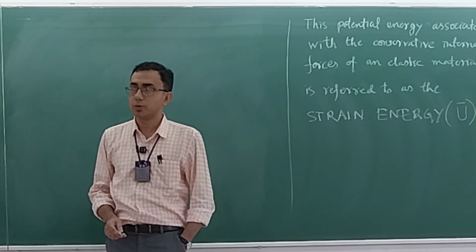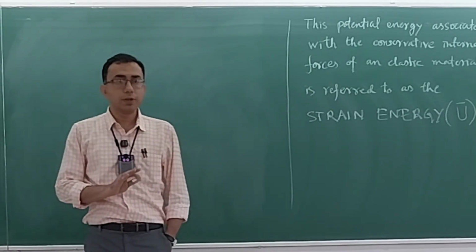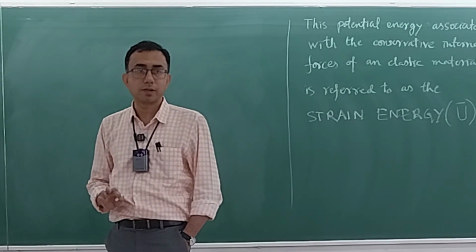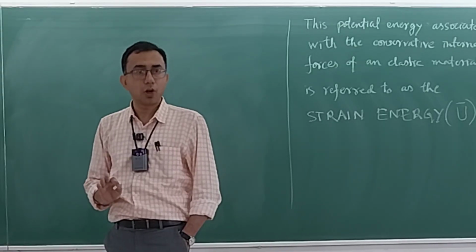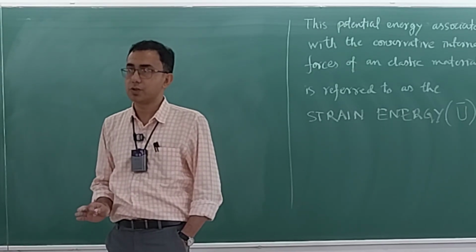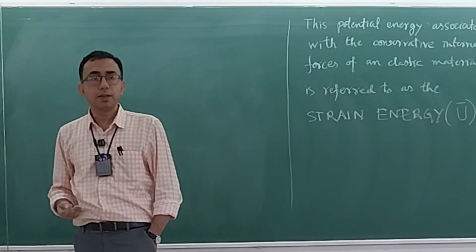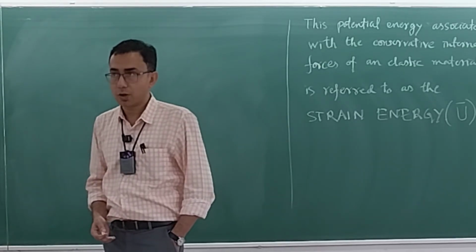That is what we are going to do. We know about two different kinds of stresses, very broadly speaking: normal stresses and shear stresses. We are going to first take up normal stress and then shear stress, and we'll see how the change in the strain energy is depicted in both cases. So first, normal stress.